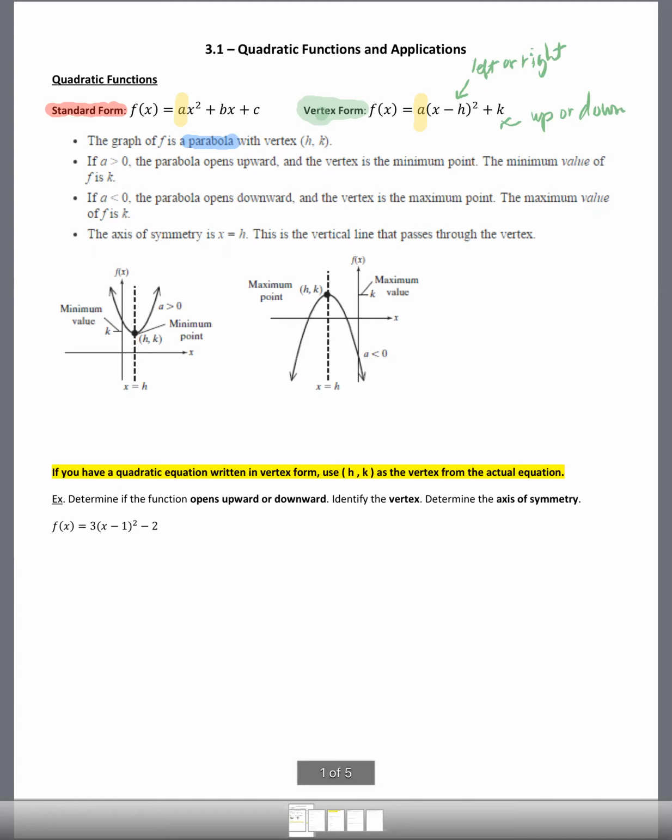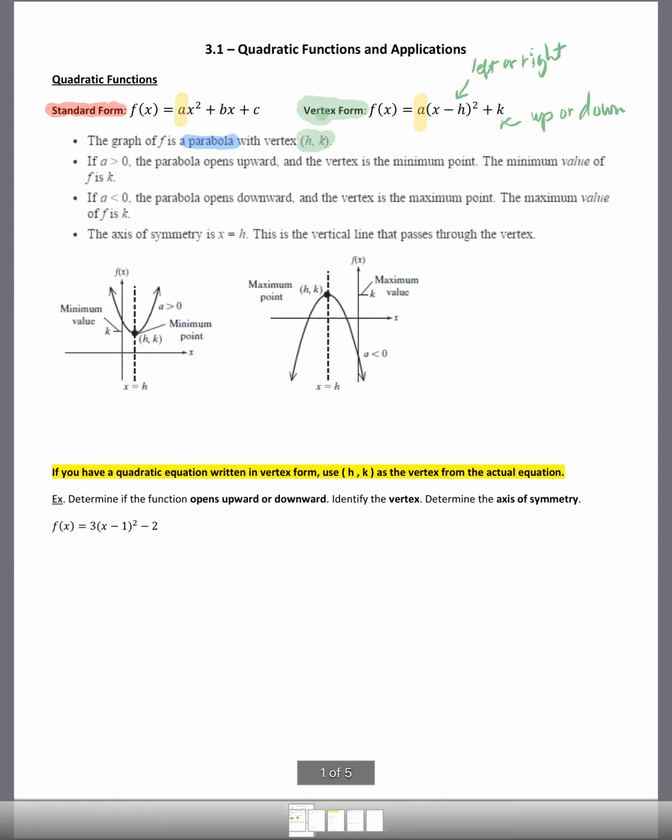Since there's only one place where the direction can change in a quadratic, there's one point that's special to us, and that point is called the vertex. And the vertex, you'll notice here, is a point, and that point is h comma k.